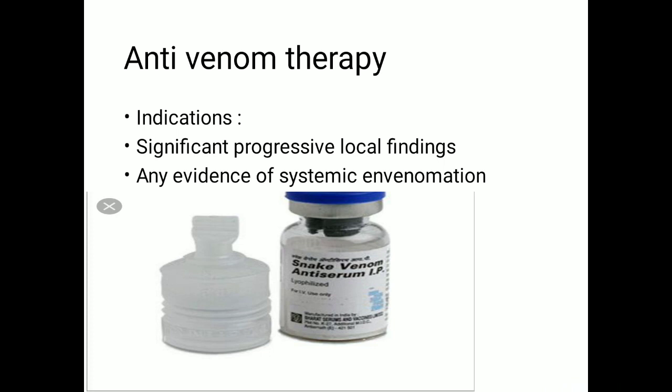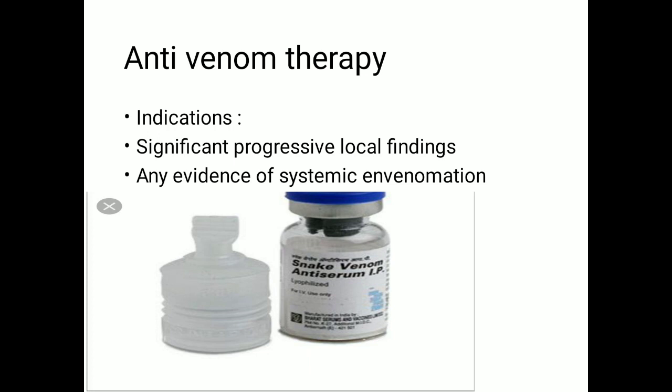You can see here the anti-snake venom. It comes as a powder. There is a liquid, distilled water, which is used for its reconstitution. Both are mixed together and reconstituted, and it is given in 250 ml or 500 ml of NS.